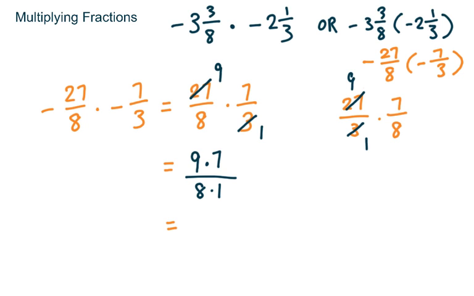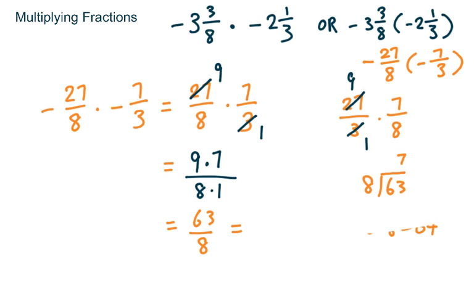So 7 times 9 is 63. 8 times 1 is 8. But this is not the final answer. We still need to convert it to a mixed number. So think about how many 8s go into 63. If you think 8 is too much because 8 times 8 is already 64, that means we have 7 8s go into 63.